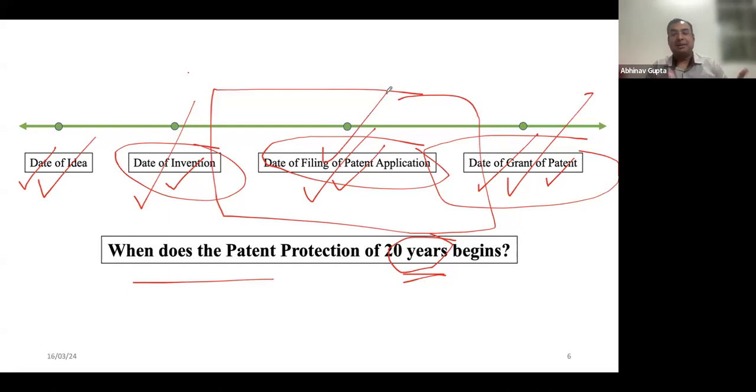It might take anywhere between 6 months to at times 18 years from the date of filing of the application. So the period from here to here can take anywhere between 6 months to as long as 18 years.